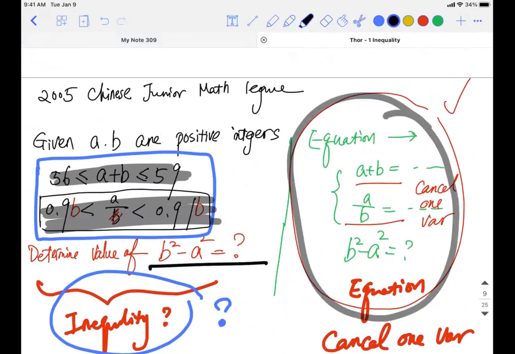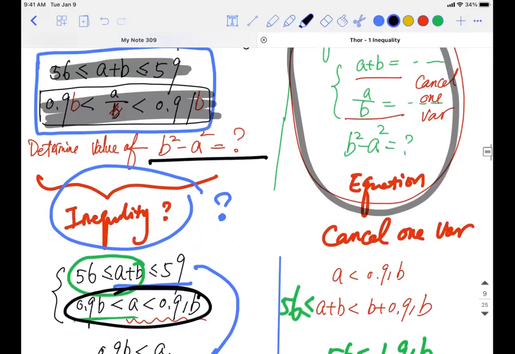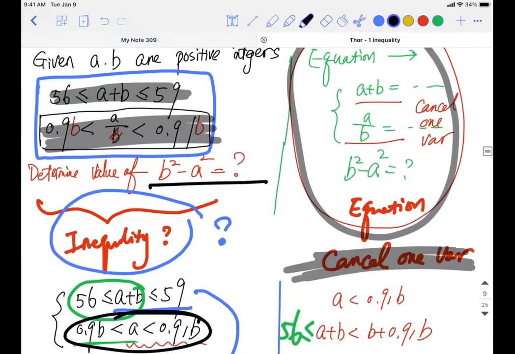You need to cancel out one variable in order to find the range of another variable. Taking it from there, hopefully you'll be able to solve the problem. This is a very important approach: cancel one variable and then derive everything in terms of another variable.